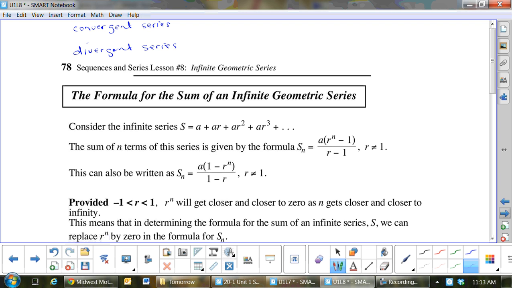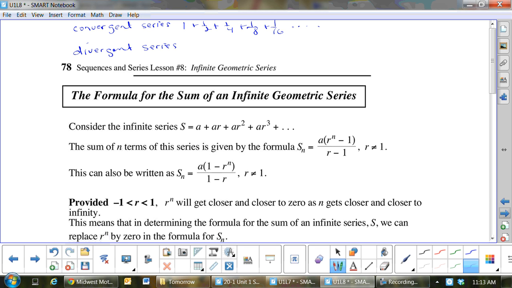Okay, so I'm just going to be moving sideways. So this is what a convergent series looks like. 1 plus 1/2 plus 1/4 plus 1/8 plus 1/16 dot dot dot.